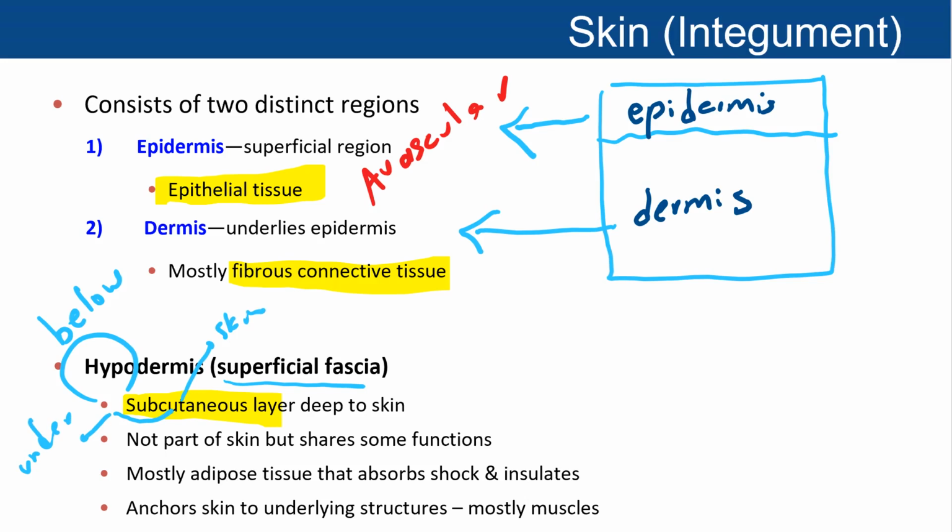Subcutaneous layer means a layer below the skin, which is a fat tissue under the skin. Don't forget, this is not a part of skin. It's mostly made up of adipose tissue that is under the skin and provides a cushion that works like a shock absorber and insulation for your body. It anchors the skin to underlying structures such as muscles.